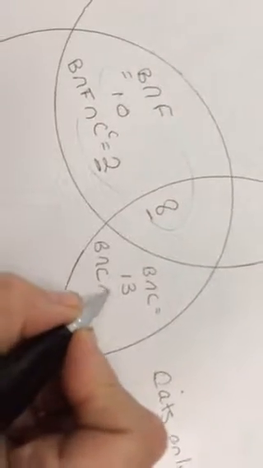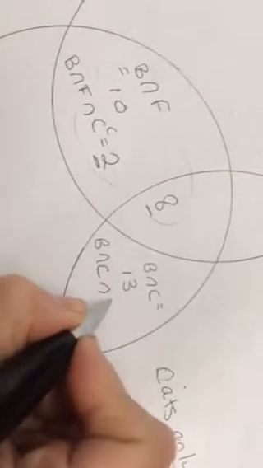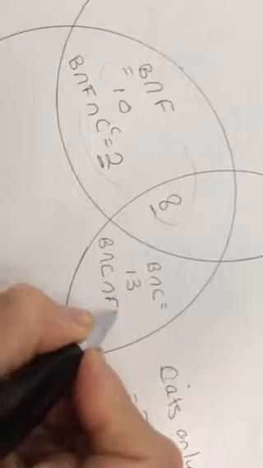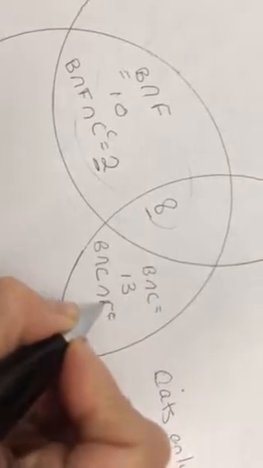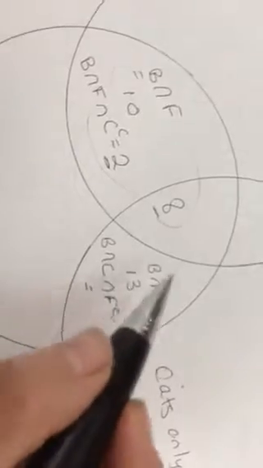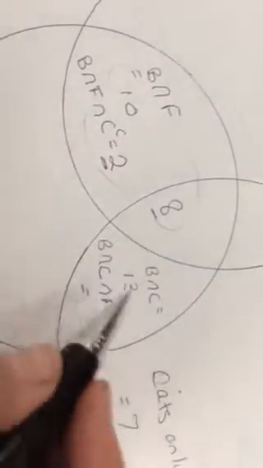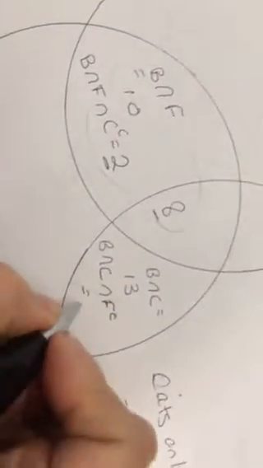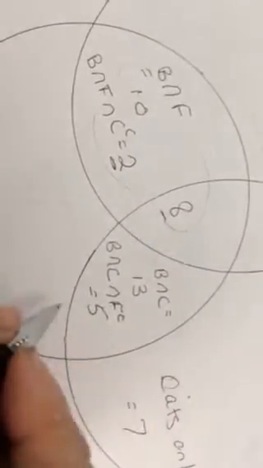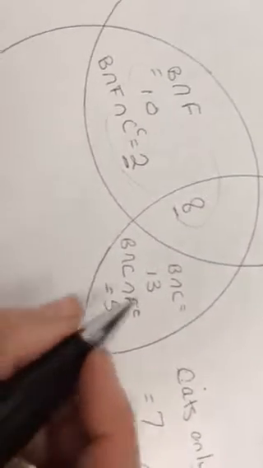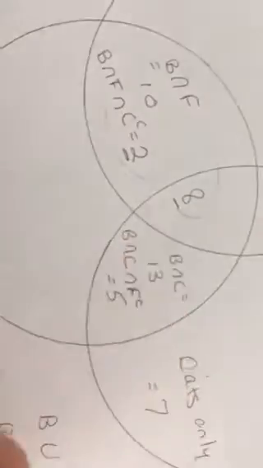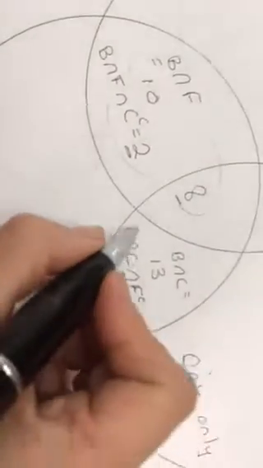We're taking fish out of it now. So birds and cats, and the complement of fish. This is 13, this is 8. So this section here, what's left over is 5. That's this piece. Okay.